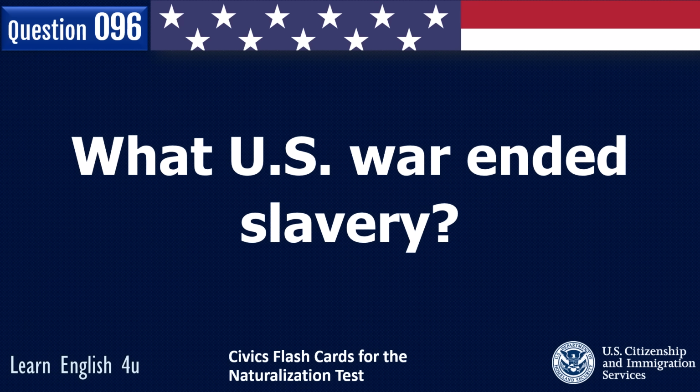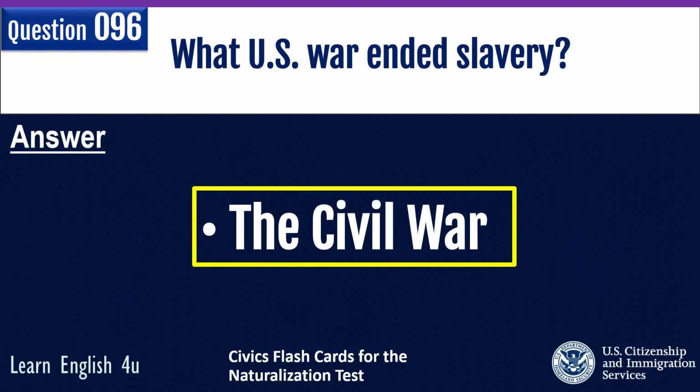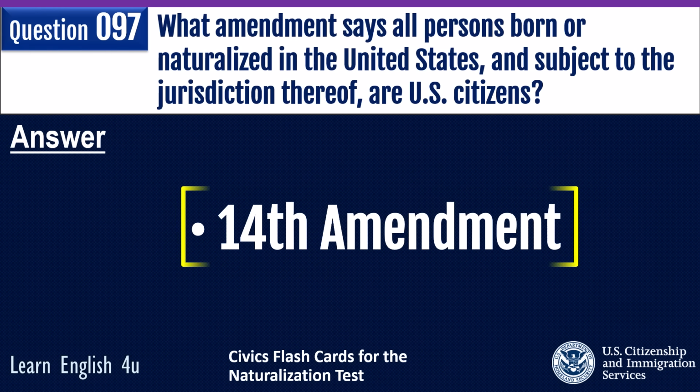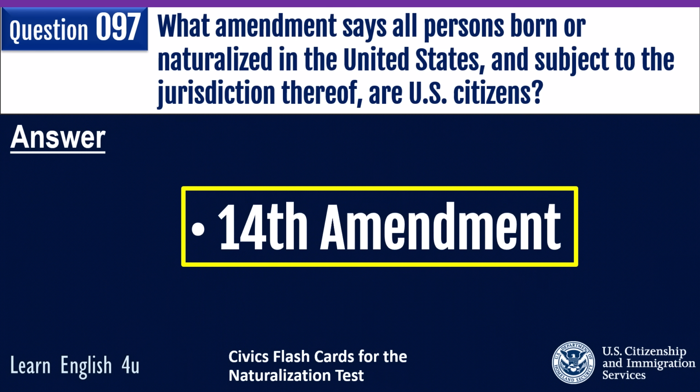What war ended slavery? The Civil War. What amendment says all persons born or naturalized in the United States and subject to the jurisdiction thereof are U.S. citizens? 14th Amendment.